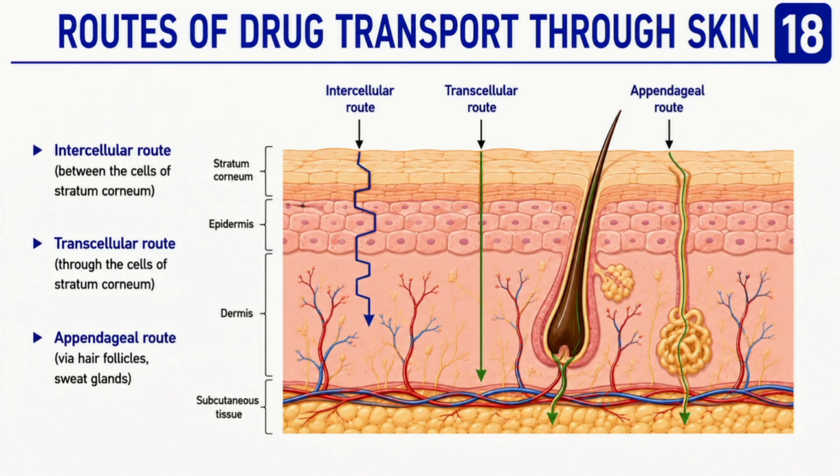So for many conventional molecules, the intercellular lipid pathway represents a major barrier here. So the flexible vesicular systems may exploit these pathways more efficiently and effectively also. So the precise dominant pathway can vary according to the formulation, composition, drug properties, skin conditions and the experimental methodology here.